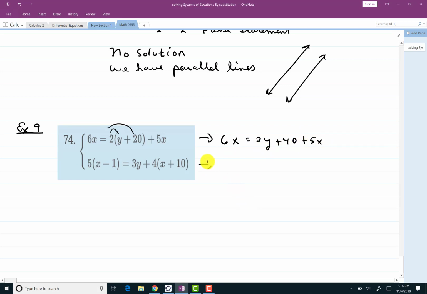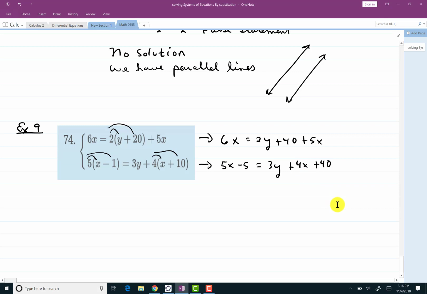In the second equation, I'm going to do the same thing. I'm going to distribute through each of those pieces, and I'll get 5x minus 5 equals 3y plus 4x plus 40.